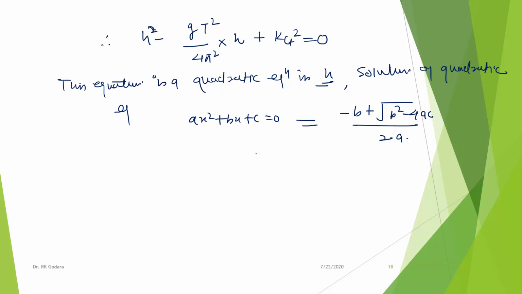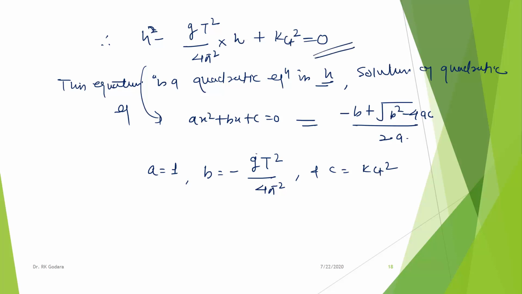If we compare both equations, we find a equals 1, b equals minus g T square over 4 pi square, and c equals kg square. So now we can find the solution of this equation.